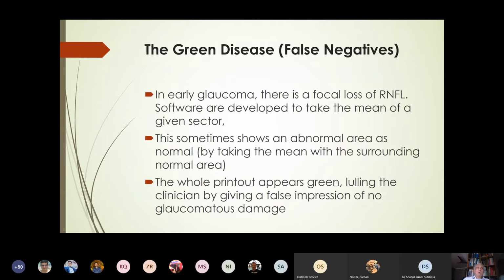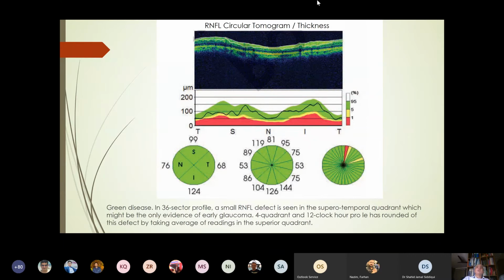We need to look at both of them, because the sector scan sometimes shows an abnormal area as normal by taking the mean with the surrounding normal area. The whole printout appears green, lending the appearance that this patient is normal. So this is typically a patient with green disease.